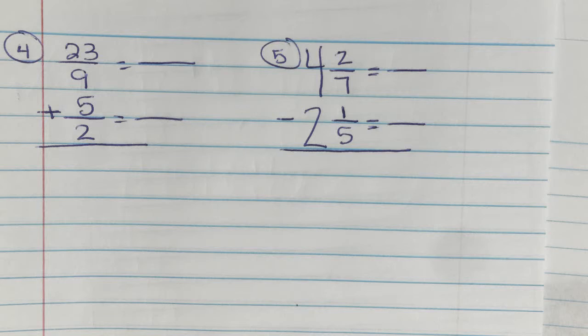Don't wait on me. Do it. Common denominator. Figure it out. If you need to skip count by those numbers on the top of your paper, do it. Write it.